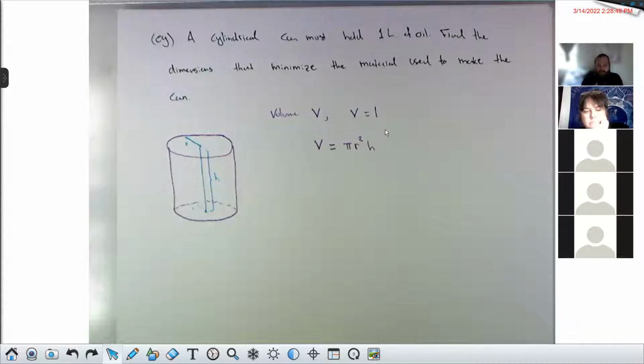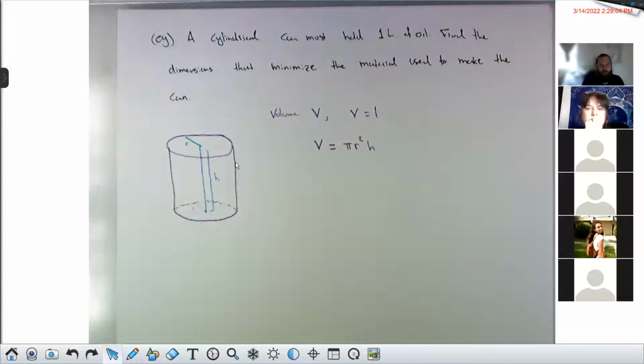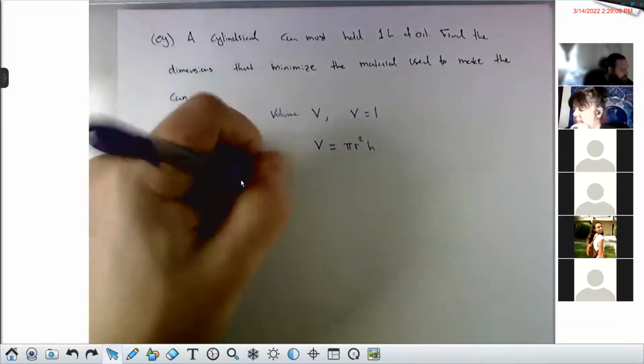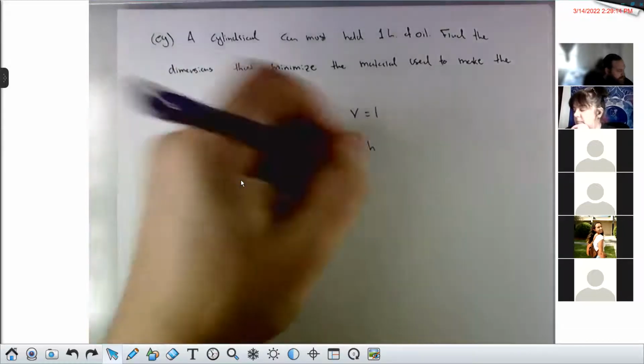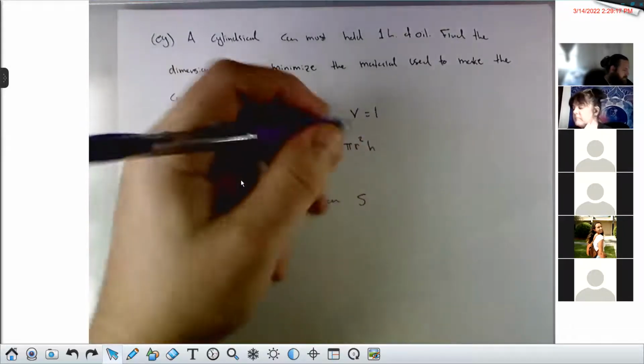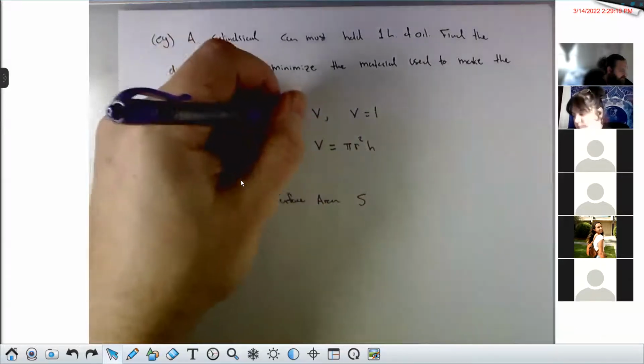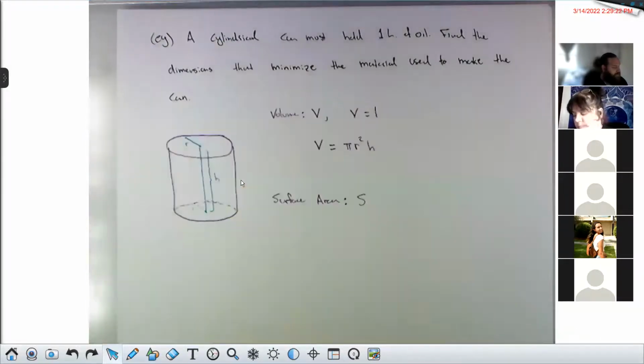What sort of statistic on the can tells me the amount of material you need to make it up? Right, the can's not solid metal, it's empty inside, right? It's holding oil. So would it be the surface area? Yeah. So the other thing that we need here is the surface area. Let me call that S. So the volume we'll call V, the surface area we'll call S. This is the thing I'm trying to minimize.